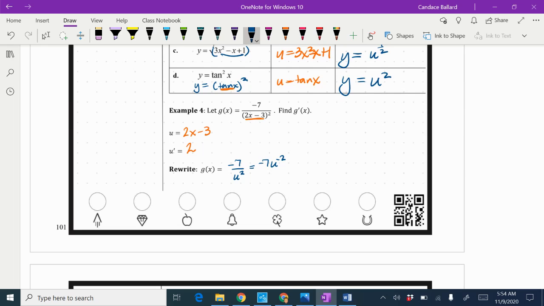Now we are going to go ahead and take the derivative, g prime. So g prime of x equals the derivative of the outer function, leave the inside alone.